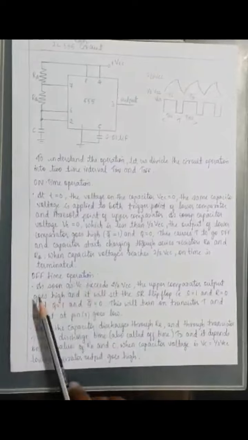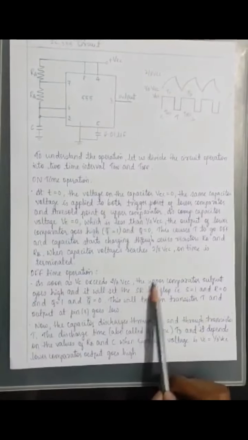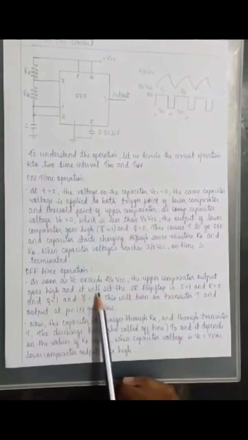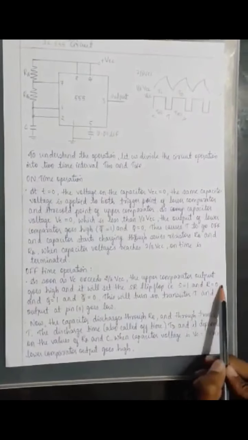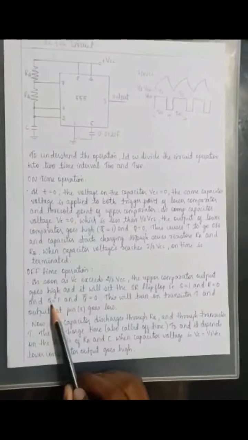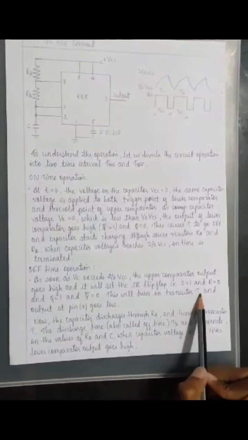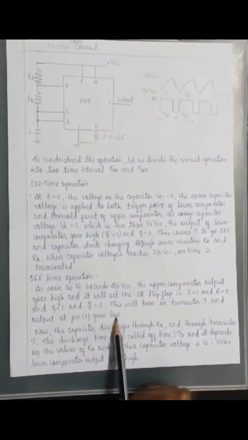Off time operation. As soon as Vc exceeds 2/3 VCC, the output of the upper comparator goes high and it will set the SR flip-flop, that is S to 1 and R to 0. And the output Q will be 1 and Q bar will be 0. This will turn on the transistor T and the output at pin number 3 goes low.